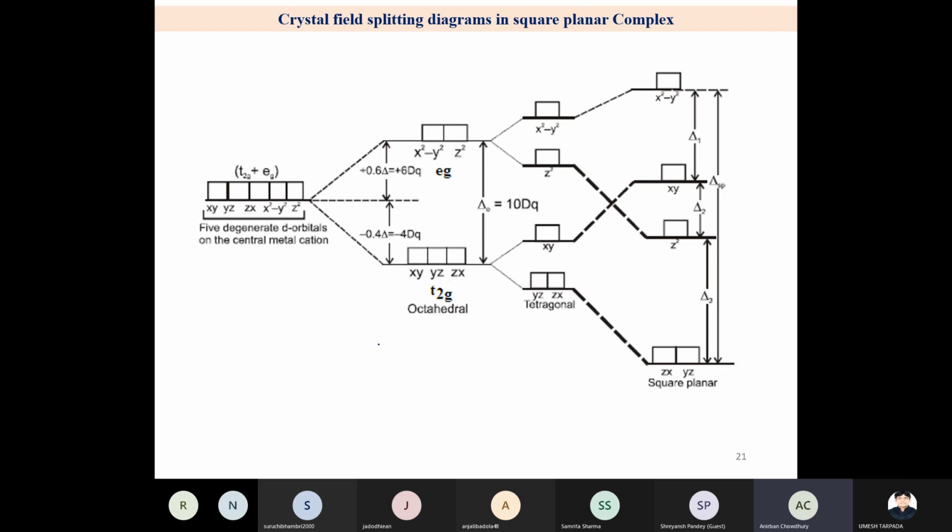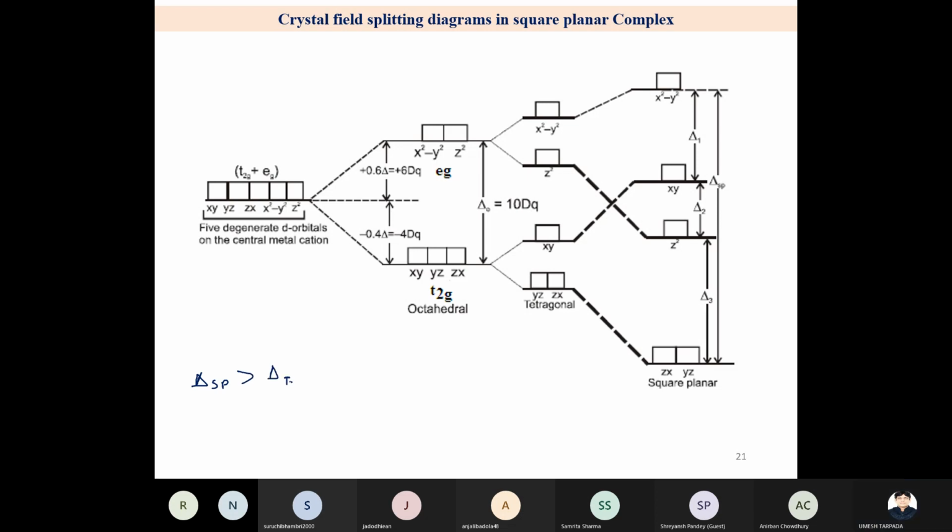Square planar, yes. Square planar splitting is of the highest value. If you compare all these three, then definitely the value of square planar splitting is more as compared to octahedral and tetragonal.